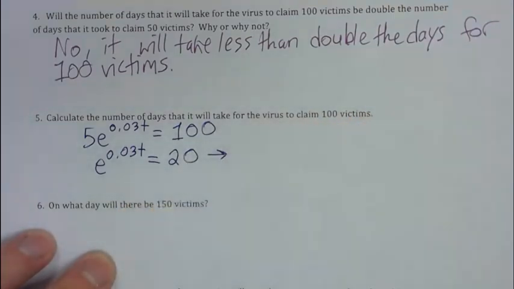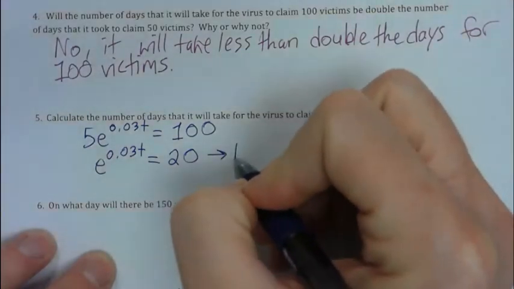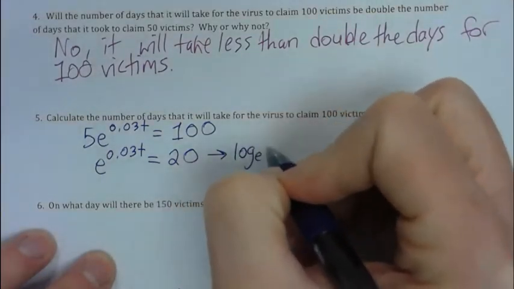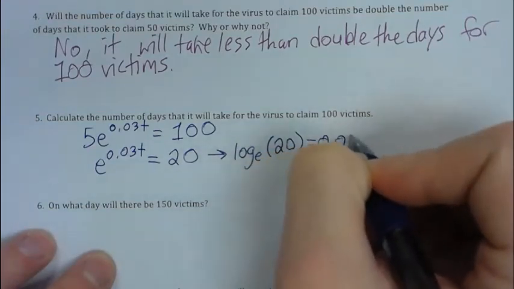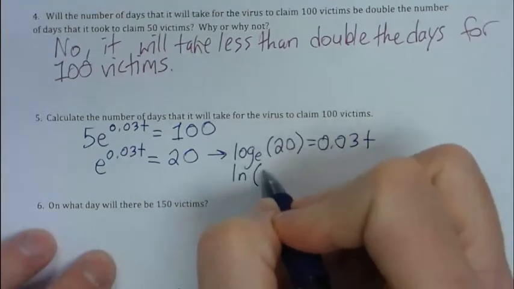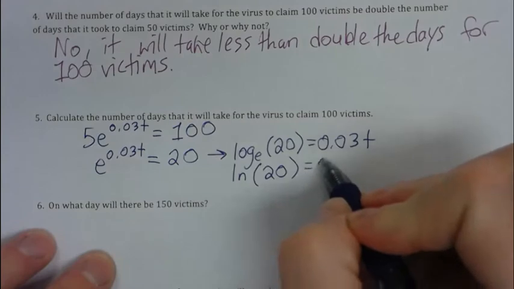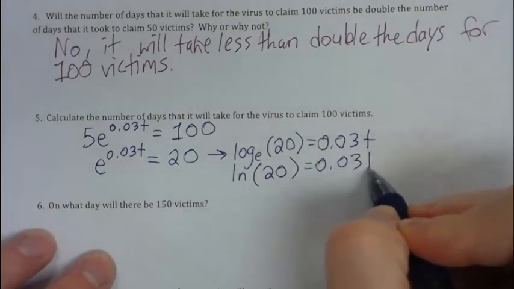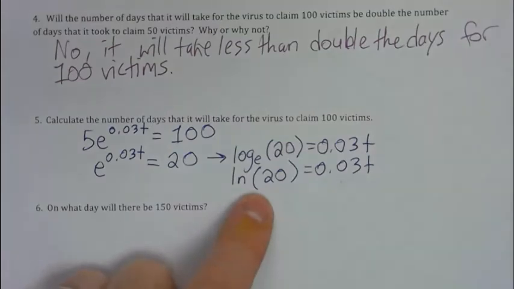Then if I rearrange it into a logarithm, we have log base e of 20 equals 0.03t. But remember, we're using natural log here, so it would be natural log of 20 equal to 0.03t. And then we'd just be dividing both sides by that 0.03.